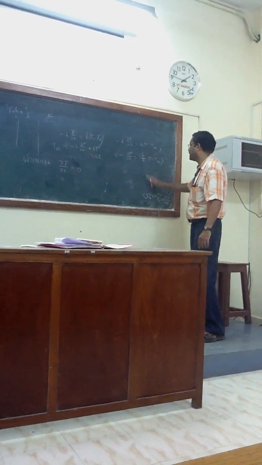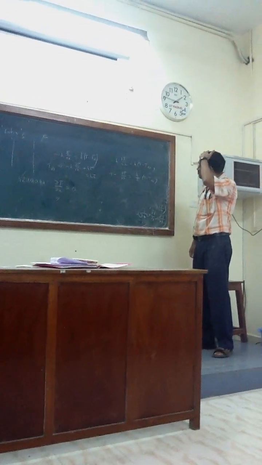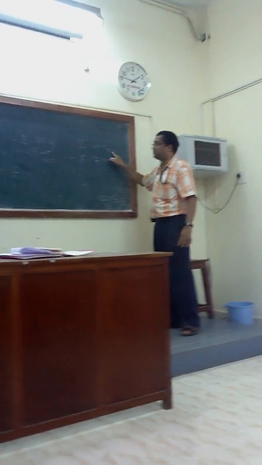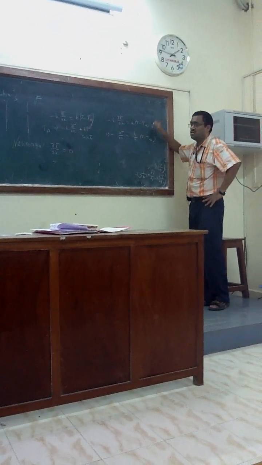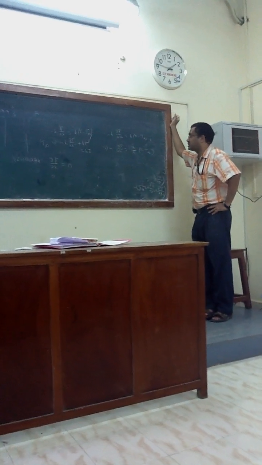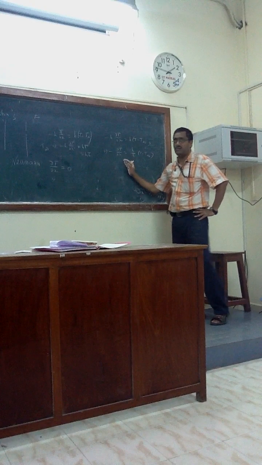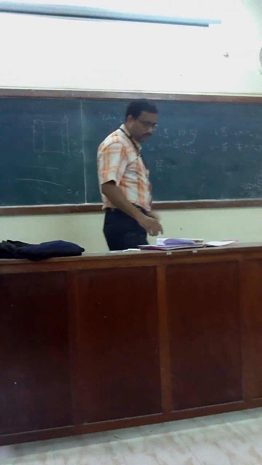What happens if k tends to 0? If k tends to 0, you can just put it here, T minus T infinity equals 0, which is T equals T infinity. So if k tends to 0, Robin's condition goes to the Dirichlet condition. If k tends to infinity, what happens? This will become the homogeneous Neumann boundary condition. So next class we will meet on Monday.